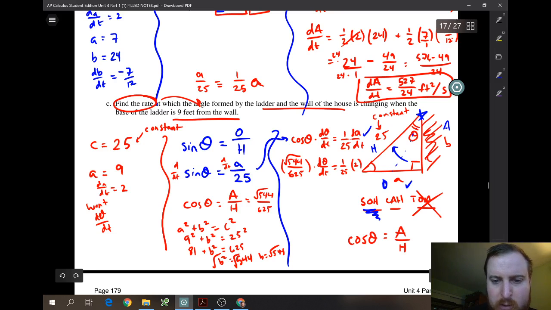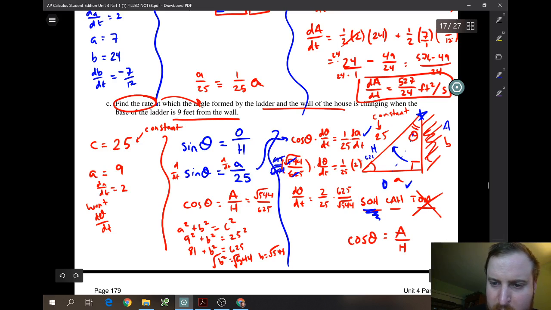So now we just solve, right? D theta dt equals 2 over 25 times 625 over square root of 544. Right, we multiplied both sides by its reciprocal, so times 625 over square root 544 to cancel everything out.